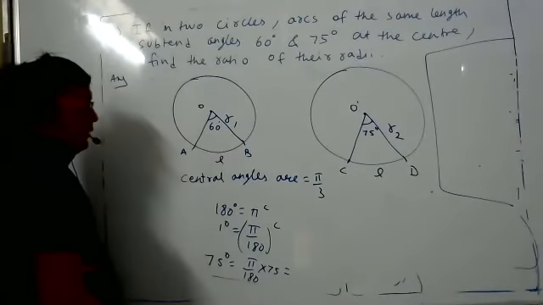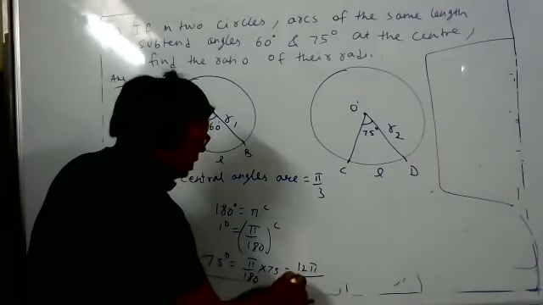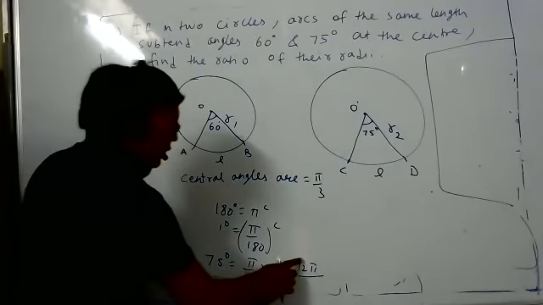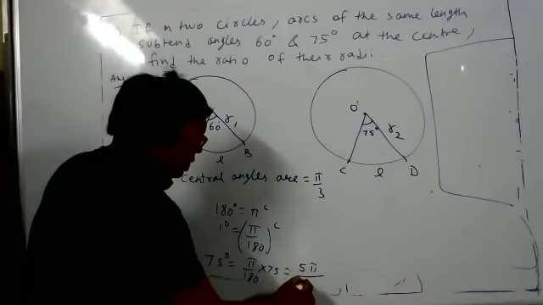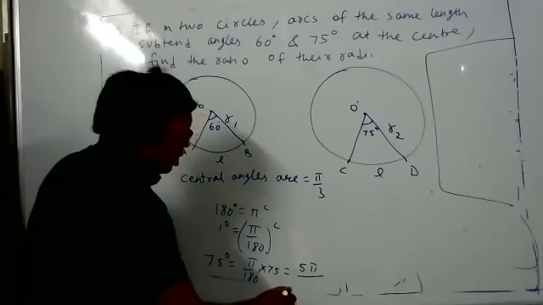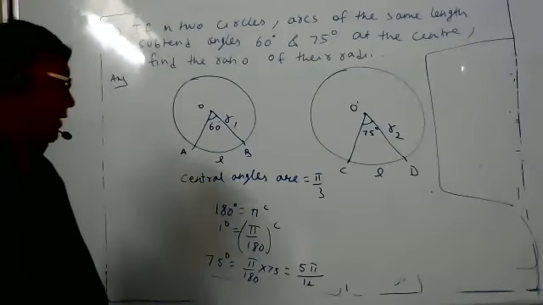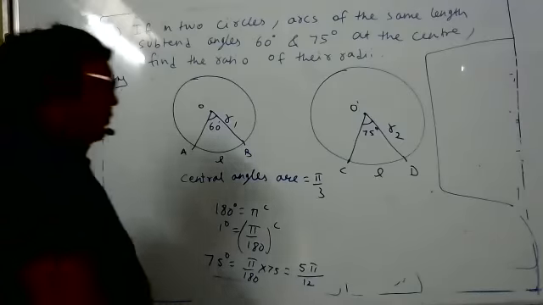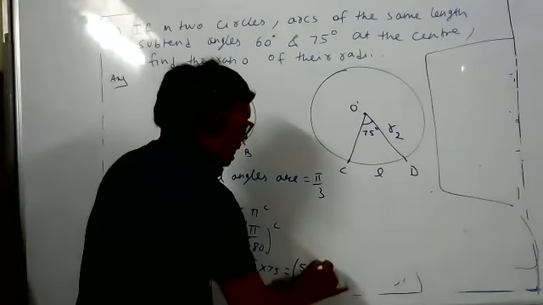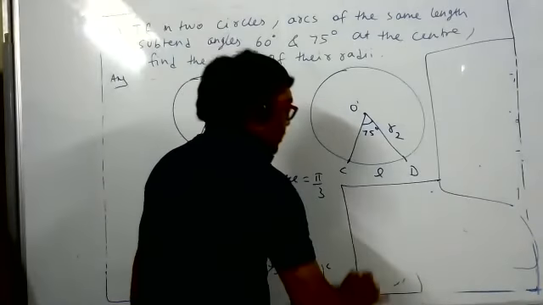What will you get? 5 pi by 12. Sir, 12. Okay, this is the simplified form. They have cancelled by 15, since 15 times 5 is 75. So that much radians. Okay, now I will do the sum here. We know the formula.